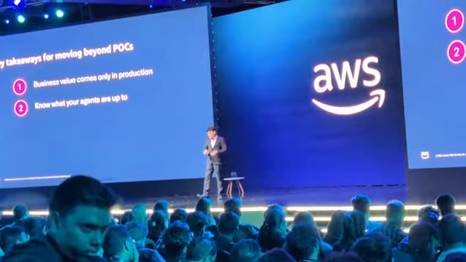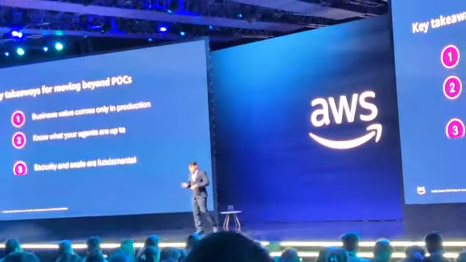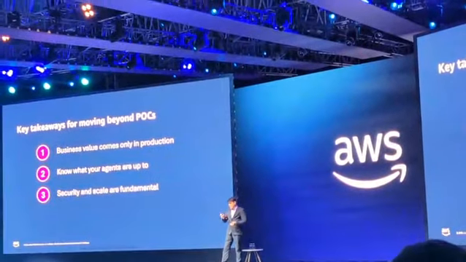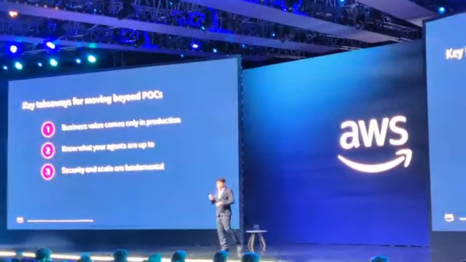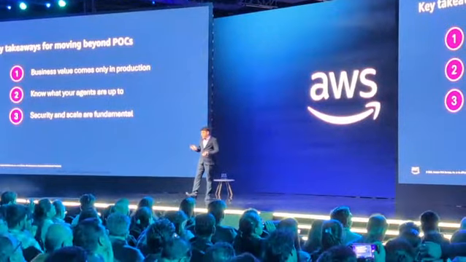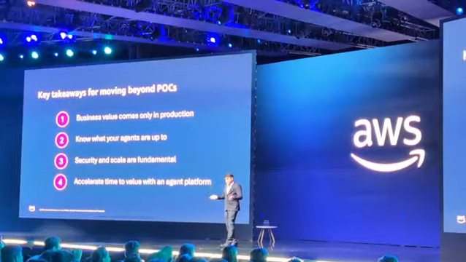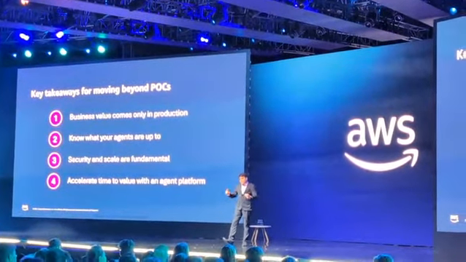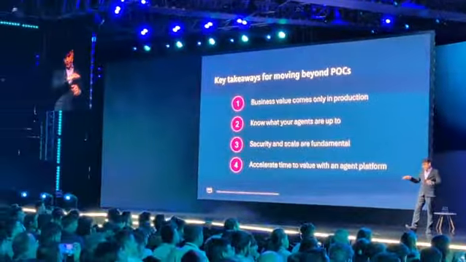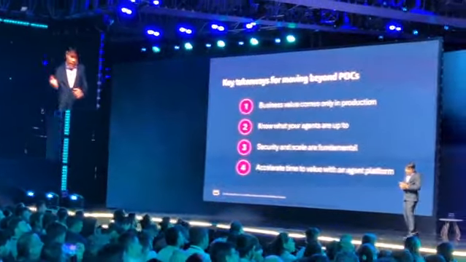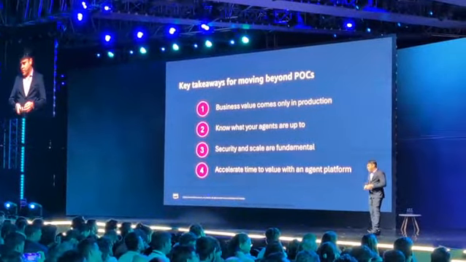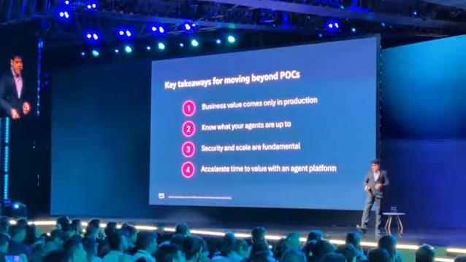And that's what will ensure that you're building and improving your agents. They of course need to scale, and scale securely, not accessing data or systems they are not intended to. And finally, the way to accelerate time to value is to use a fundamental platform which takes care of primitives, and you enable your AI engineers to build agents at scale.